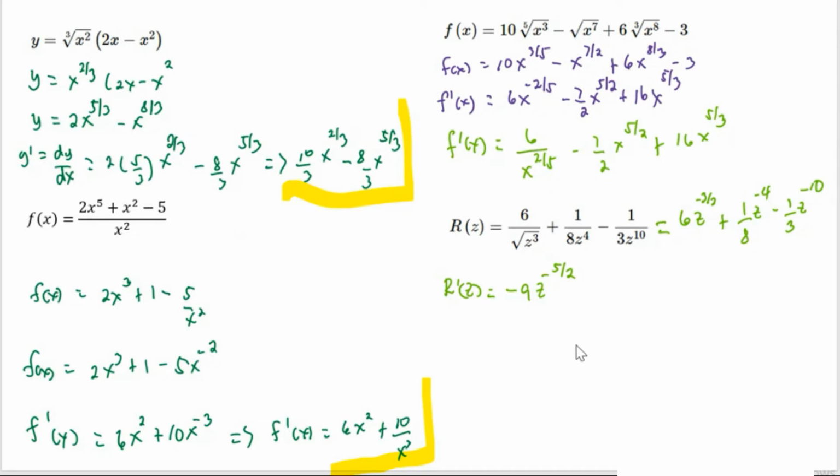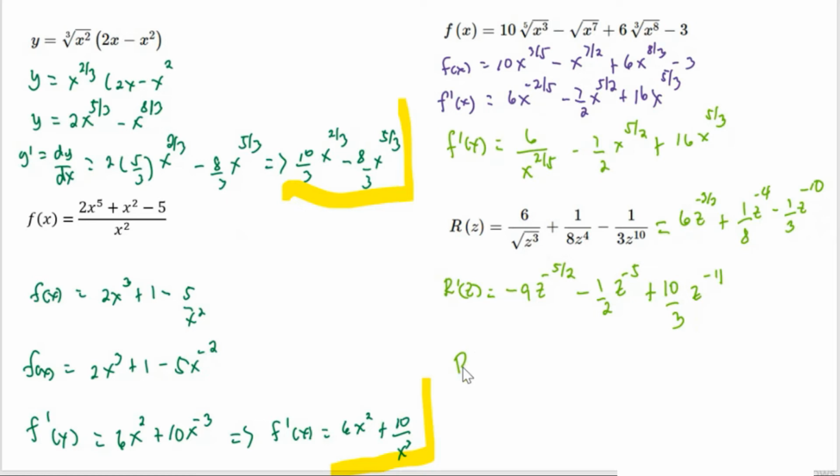And on the second term, we have to multiply negative 4 times 1 over 8 equals negative 1 half. So I can write here negative 1 half of z to the power of negative 5 because negative 4 minus 1 equals negative 5. And on the last term, I have negative 10 times negative 1 third. So the product now will give us positive 10 over 3 of z to the power of negative 11.